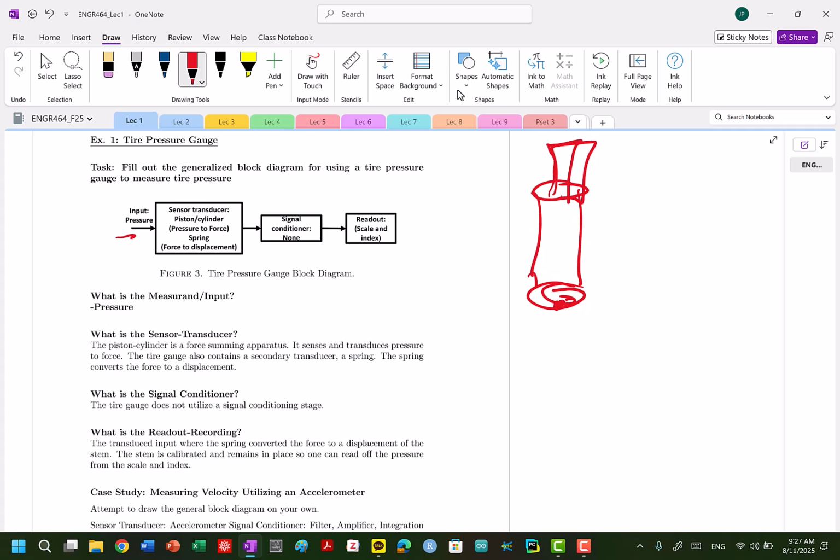That pressure pushes in here, there's a piston and a spring that's compressed. So the tire pressure pushes this piston, it compresses the spring, and there's an output here. That sensor transduction is that step, analogous to pressure to force and then force to displacement, to transduce the signal.